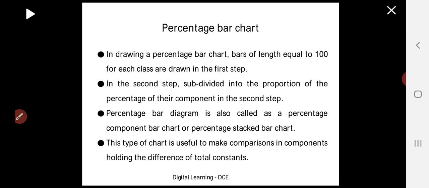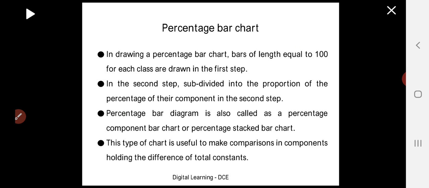Then we'll look into the percentage bar chart. In drawing a percentage bar chart, bars of length equal to 100 for each class are drawn in the first step. In the second step, it is subdivided in proportion to the percentage of their components. A percentage bar diagram is also called a percentage component bar chart or percentage stacked bar chart.